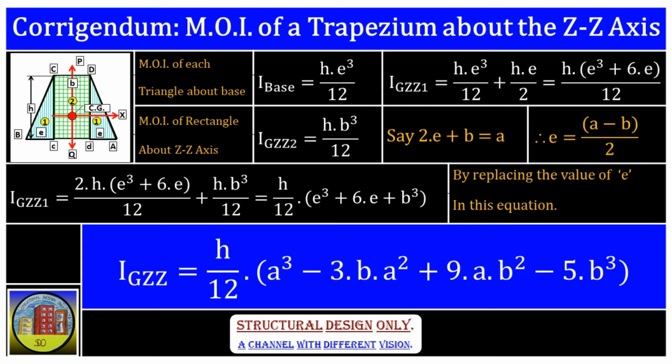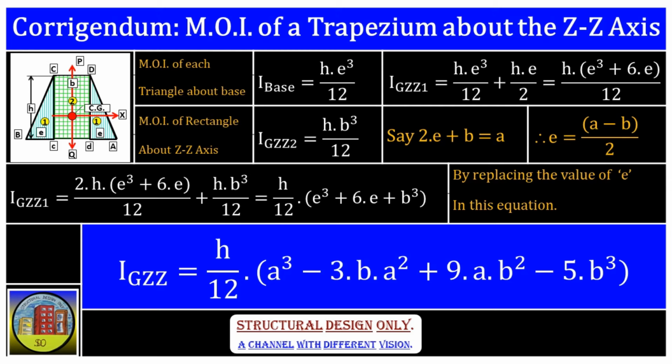Say the moment of inertia of the rectangle about PQ is IGZZ2. Therefore we can write IGZZ2 equals 1/12 of h into b cube. Say the moment of inertia of the whole trapezium about the ZZ axis is IGZZ.